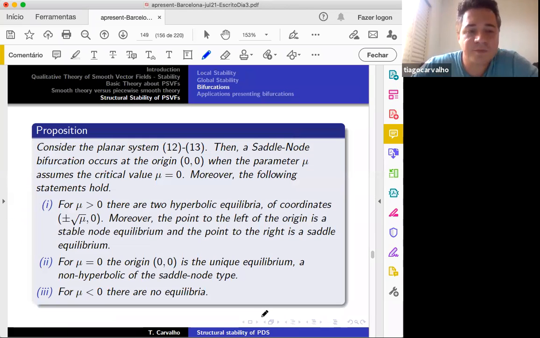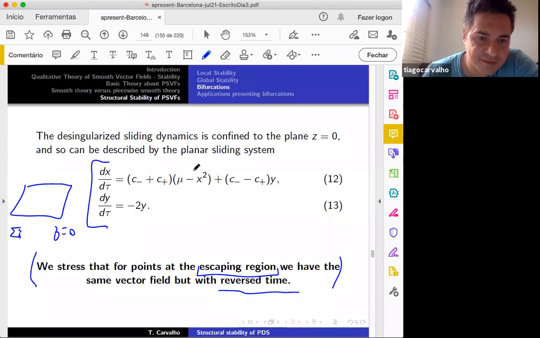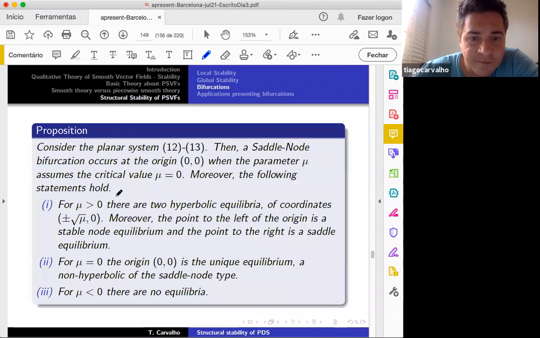Okay, so proposition: it's possible to prove that a saddle-node bifurcation occurs at the origin of this singularized sliding vector field, when we vary the parameter mu.